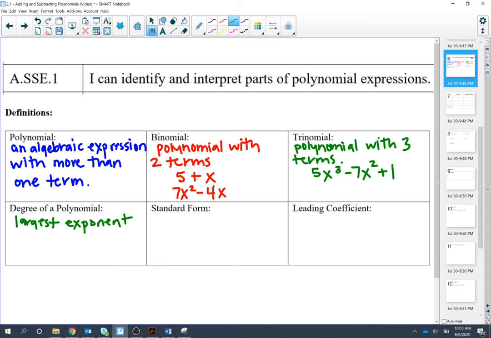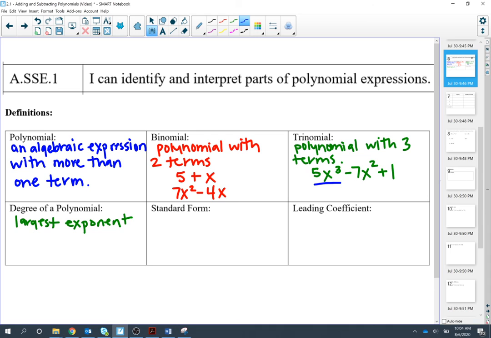Usually when we're talking about polynomials, you're only dealing with one variable, and you pick the largest exponent. In the trinomial example, the largest exponent is 5x to the 3rd. Then you have an x squared, but that's not the largest. Then you have a 1, which doesn't even have an exponent. The largest is 3, so the degree would be 3.